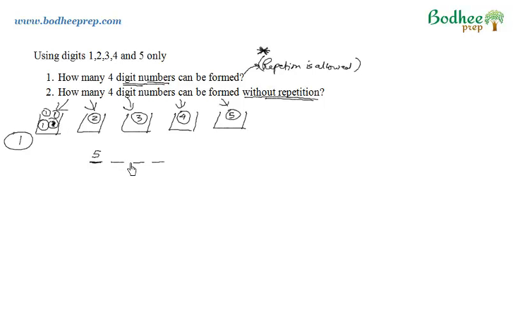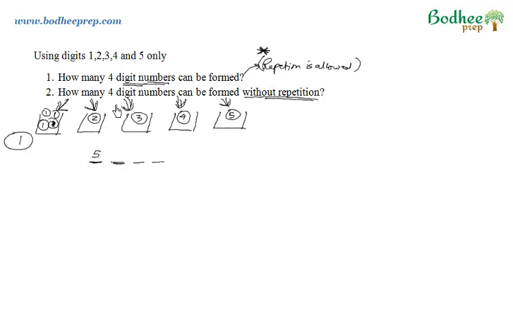Now for the next place, suppose these numbers are written on cardboards and there are a lot of cardboards in each bag. For the next place you can again pull one cardboard from any of the 5 bags.